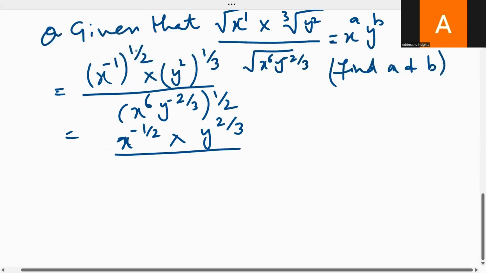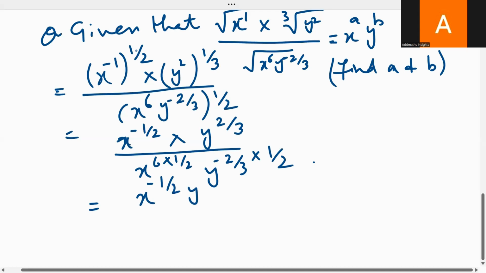And you will write here x raised to the power 6 times 1 by 2 and y raised to the power minus 2 by 3 times 1 by 2. This is x raised to the power minus 1 by 2, y raised to the power 2 by 3, over x cube, and you can simplify and write y raised to the power minus 1 by 3.